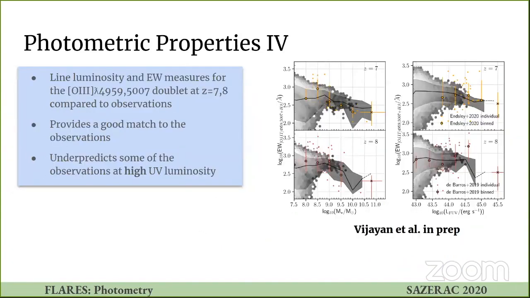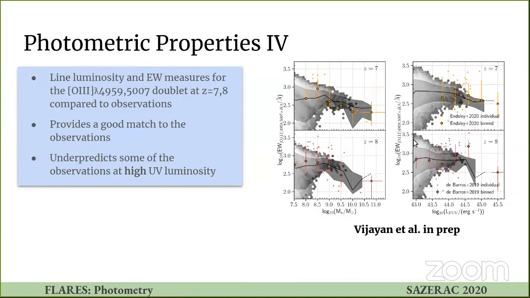Now I compare some of the equivalent width measurements that we have from the FLARES galaxies to the observations. So here I show some of the observational measurements from Ryan, Inslee and De Barros 2019. We do provide a good match to these observations, but as you can see, we fail to account for some of these high equivalent width galaxies.